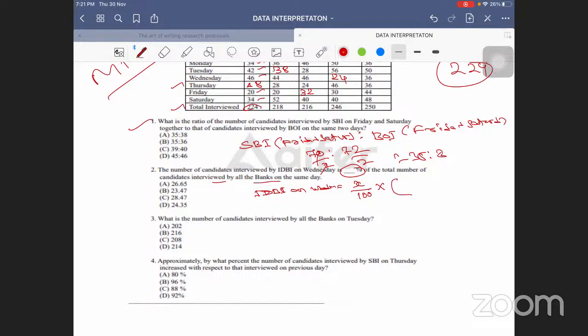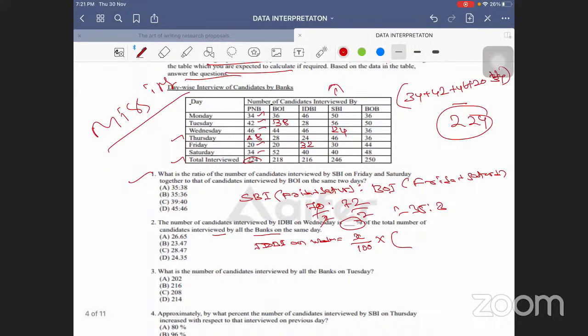This is IDBI, on Wednesday. We add the other values also.